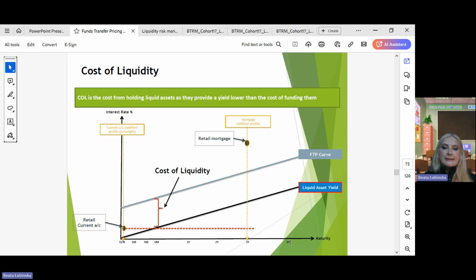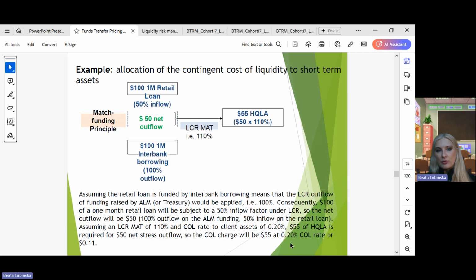Now, how to charge it out? Of course, every bank has its own process. What I'm going to show you here is one of the potential methodologies which I have seen in the past, which was used to allocate the cost to assets and liabilities, because it will be splitting the cost between assets and liabilities.